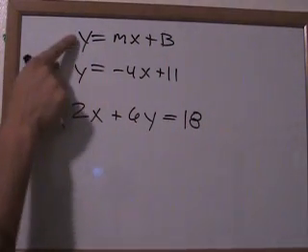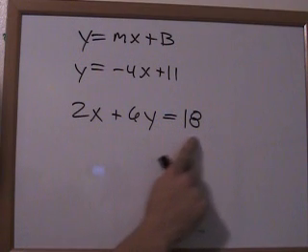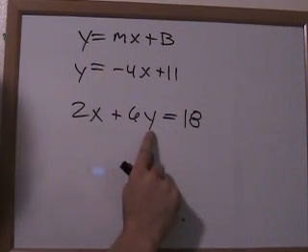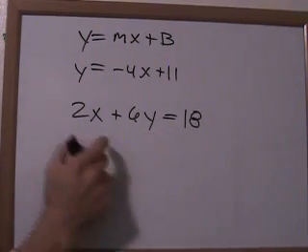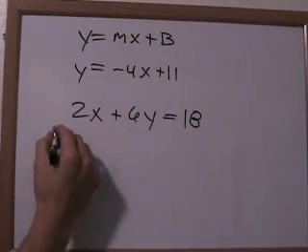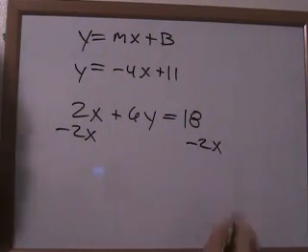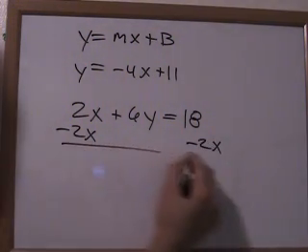Okay, well, notice, y equals mx plus b has the y by itself. So in this one, I'm going to mess around with this stuff to get the y by itself. So first I'm going to take this 2x and move it to this side. I'll do that by going minus 2x, minus 2x, okay?